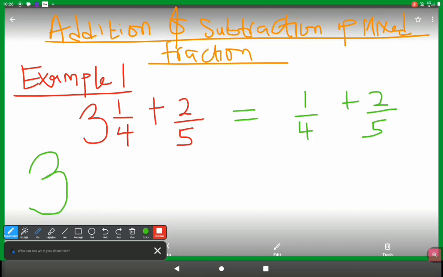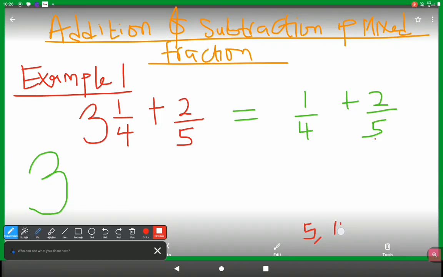Now, if you remember, you need to make the denominators the same thing. So I will look into the 5 times table. What can be found in the 5 times table and also present in the 4 times table? Let's check. 5, but there's no 5 in the 4 times table.